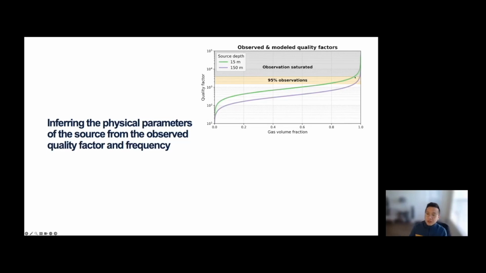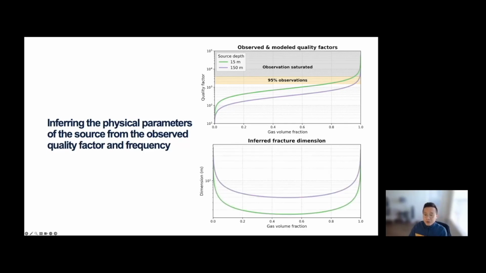The green and the purple show two models made for sources located at 15 meter depth and 150 meter depth. And the orange bar shows our observed quality factors, which are very high, on the order of a few thousand. By comparing these two, we can see that the gas volume fraction in this fracture must be above 70%.